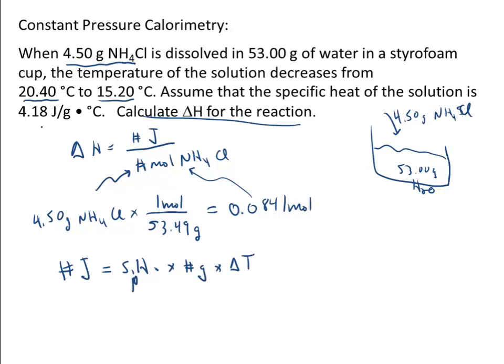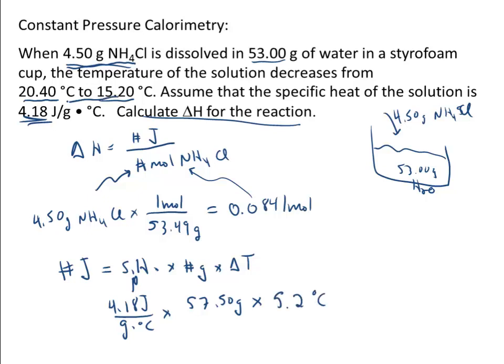The specific heat, we're told to use 4.18 joules per gram degree, and that makes sense because most of what is being heated is water, and that's the specific heat for water. The mass is the sum of the water and the ammonium chloride, so that will be 57.50 grams. And the temperature change is 20.4 minus 15.2, 5.2 degrees.